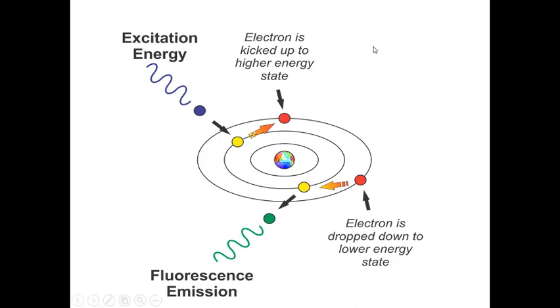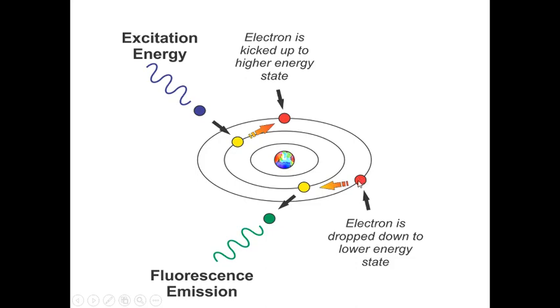Now what happens when the inner orbit electron has shifted toward the outer orbit? Suddenly this excited electron wants to come back to its original position, from the outer to the inner orbit. You can see here the excited electron in the outermost orbit.